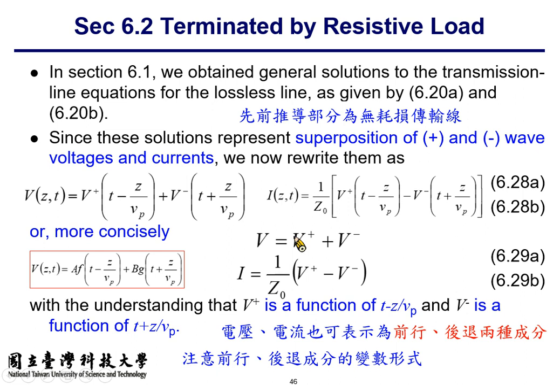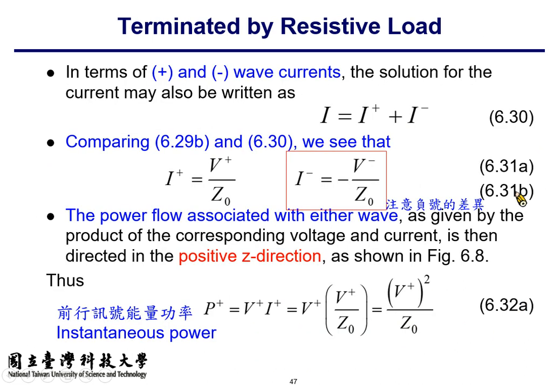And for the other one you will end up with minus VP, which means the signal propagating direction is toward the minus z direction. So using voltage and current, we can characterize the signal within the transmission line in a simple and straightforward way.